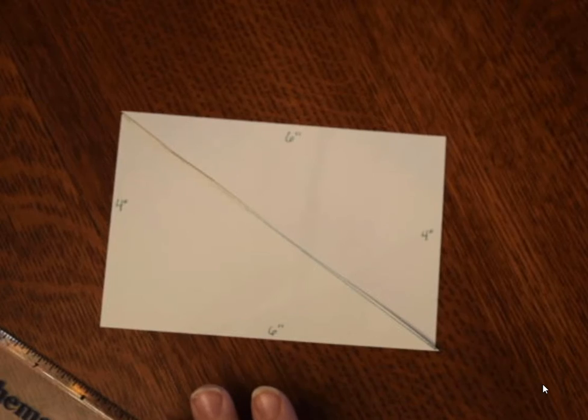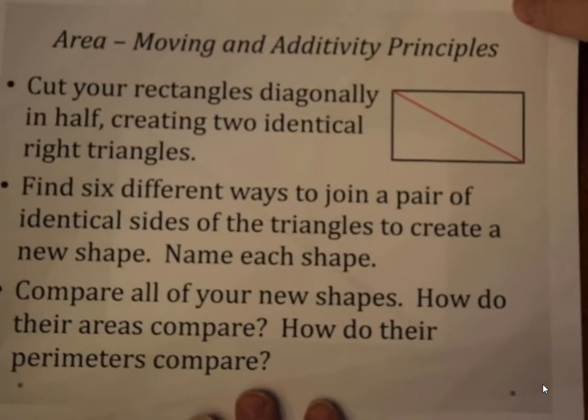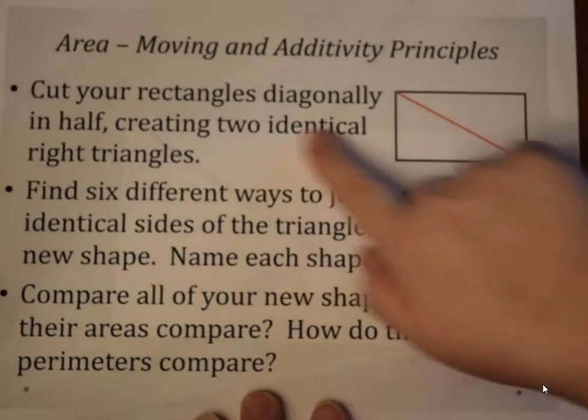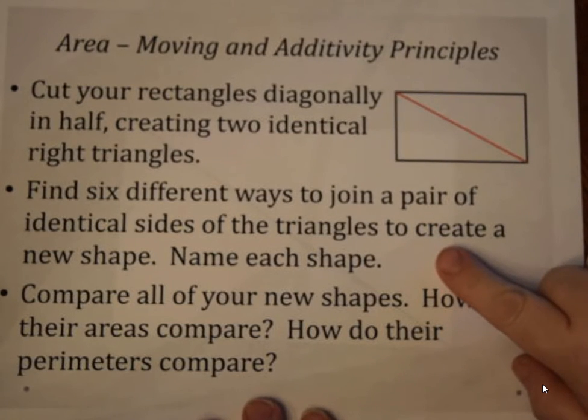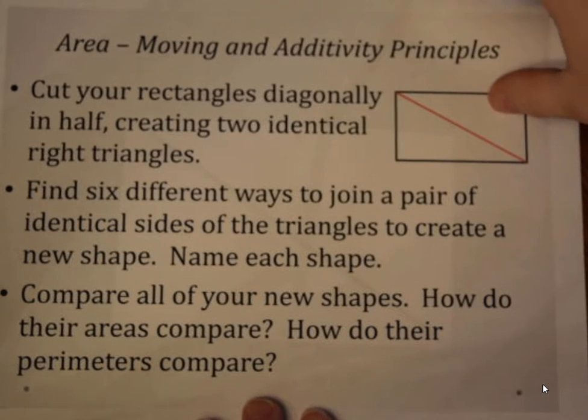Okay, so what we want to do, let's see, we've done this. So now we want to find 6 different ways to join a pair of identical slides of the triangles to create a new shape. Name each shape and compare all of your new shapes.